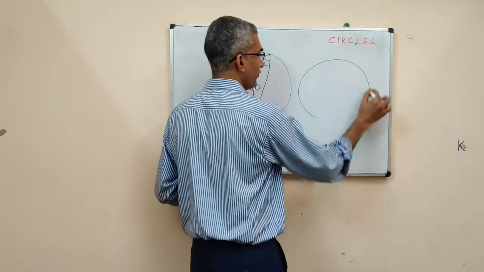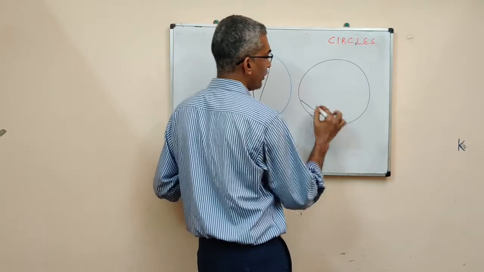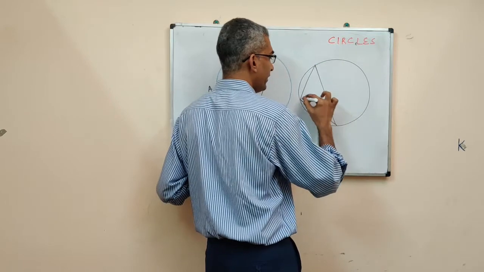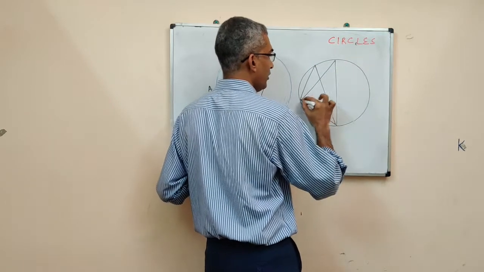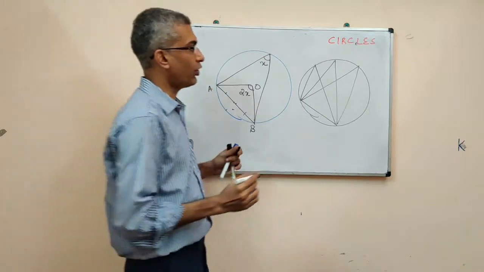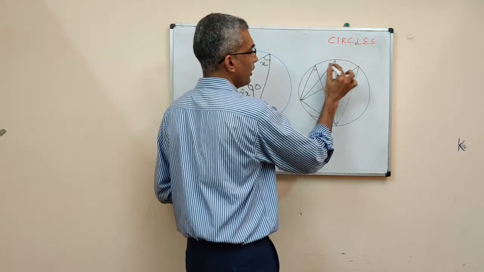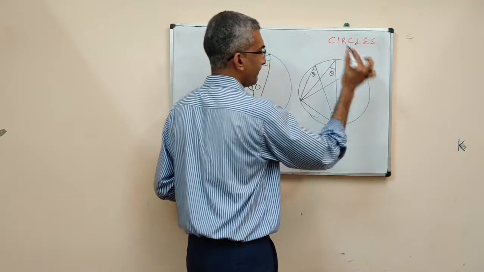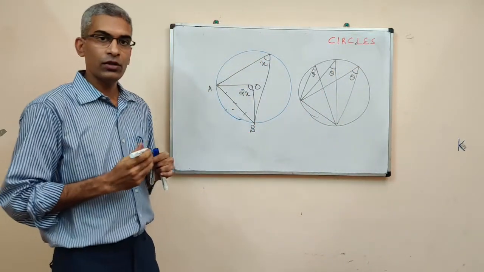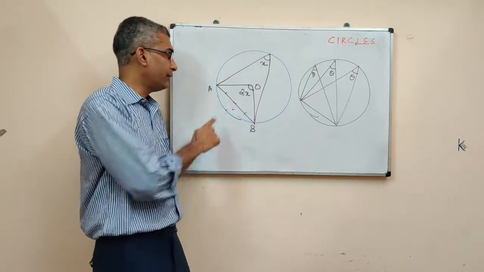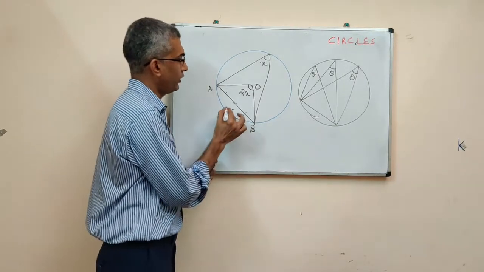Another property of a chord is that all angles subtended by the chord on the same side of the chord on the circle are all equal. All these angles will be the same. Okay. Two important properties. One is, if you have this chord AB, let me mark one more point here.